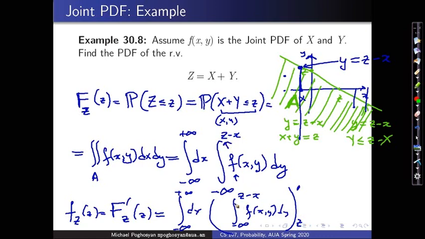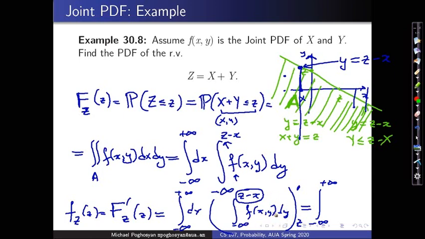The derivative of an integral with respect to its upper limit gives the value of the function at that point. Because this integral is with respect to y, the derivative will be the value of f at the point x.